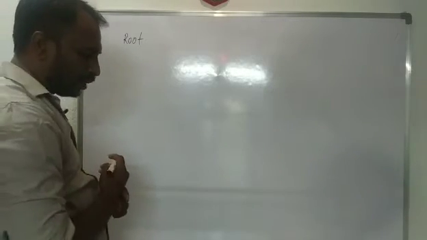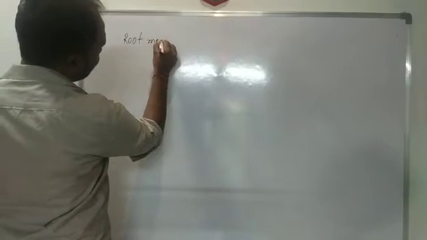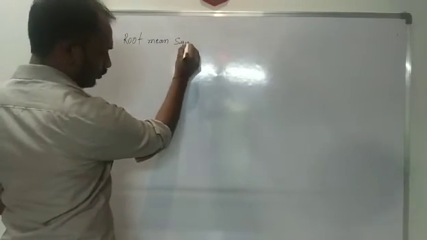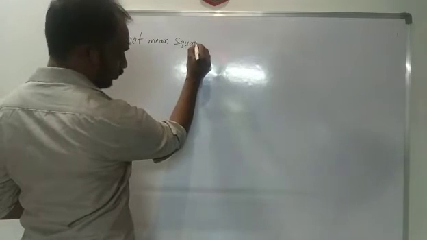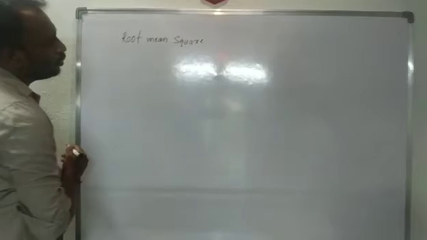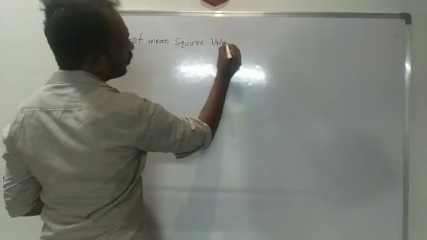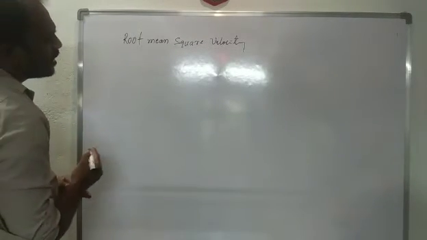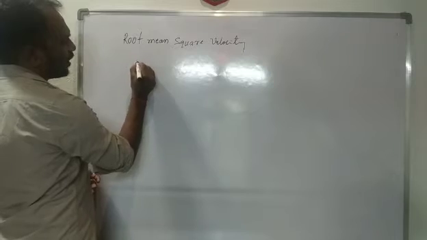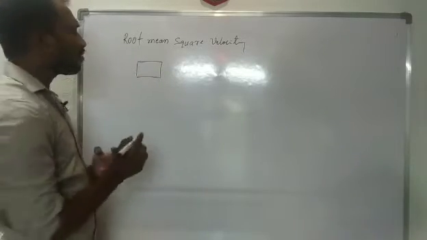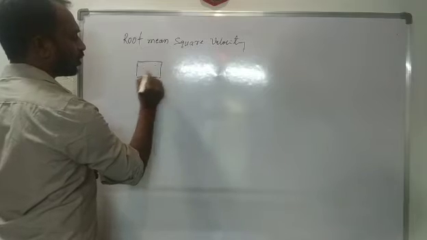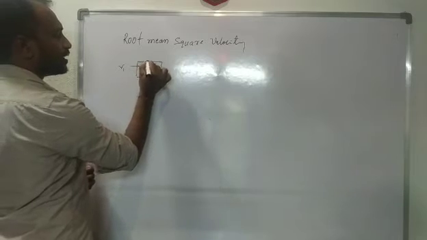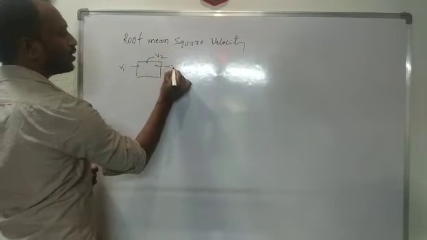Root, mean, square, velocity. Suppose here we consider that this is a system having a number of molecules. First we consider that the velocity of the first molecule is v1, the second molecule is v2, the third molecule is v3, and so on.